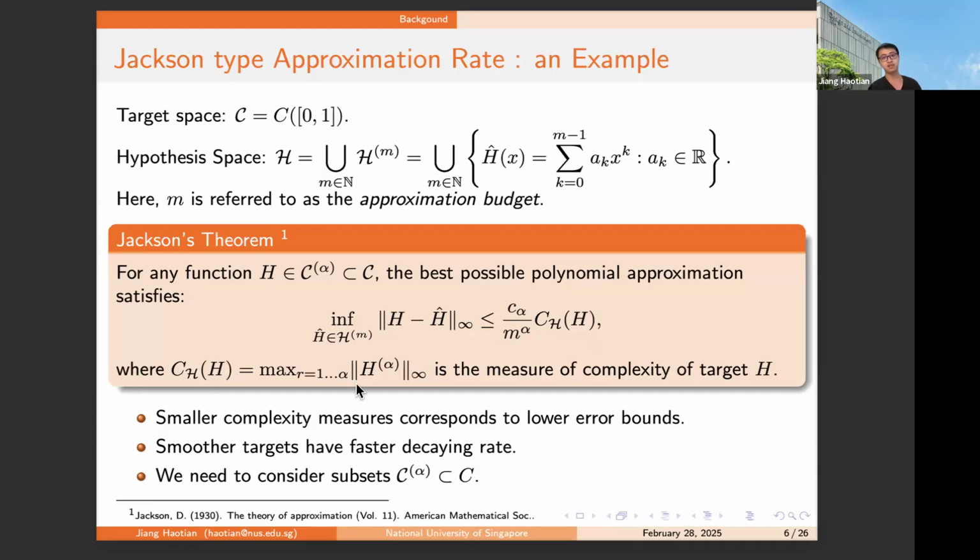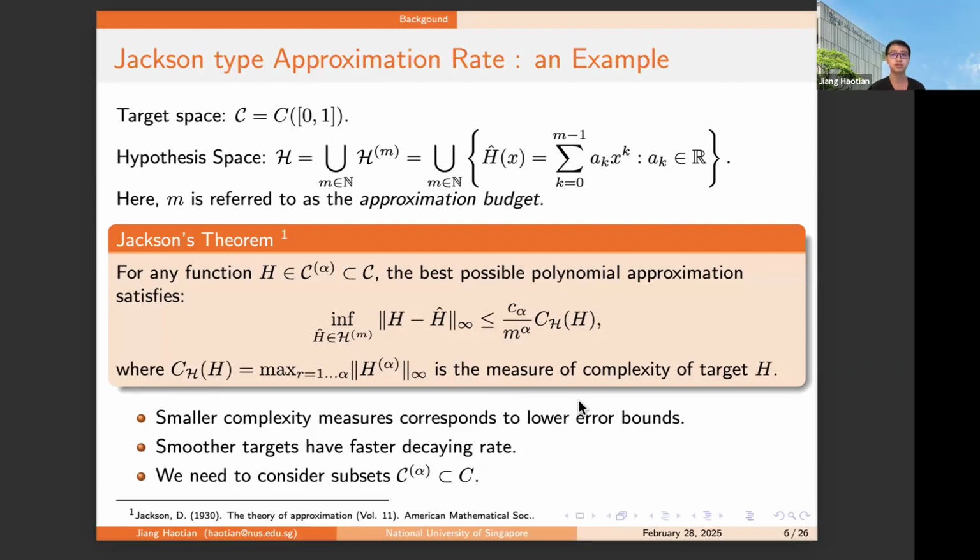So what we can get from this theorem is that if this complexity measure is small, then we have a lower error bound. And if the target is smooth, which means the target has a larger alpha, then it has a faster decay rate, which means that when we increase the order of the polynomial, the error will decay faster.